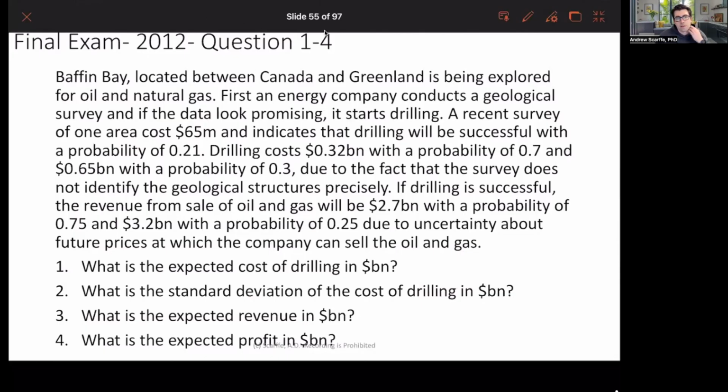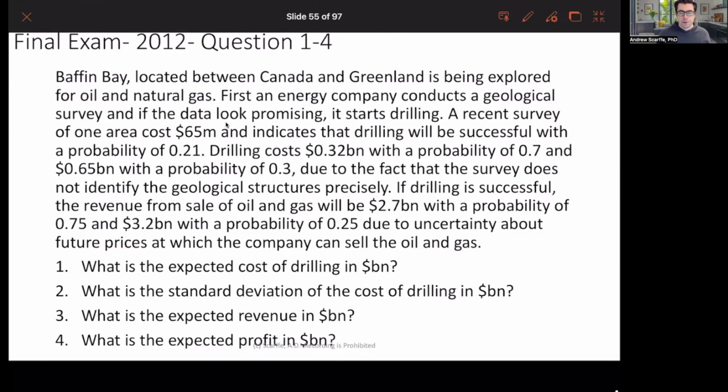Okay, so Baffin Bay, located between Canada and Greenland, is being explored for oil and natural gas. First, an energy company conducts a geological survey, and if the data looks promising, it starts drilling. A recent survey of one area cost $65 million and indicates that drilling would be successful with a probability of 0.21.